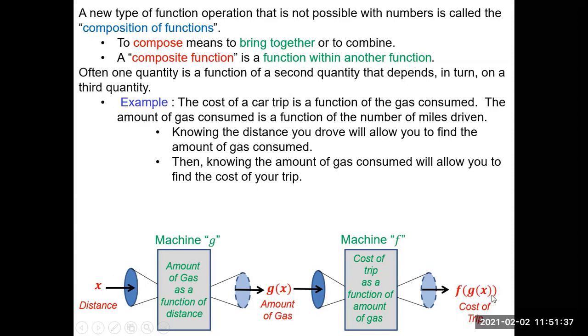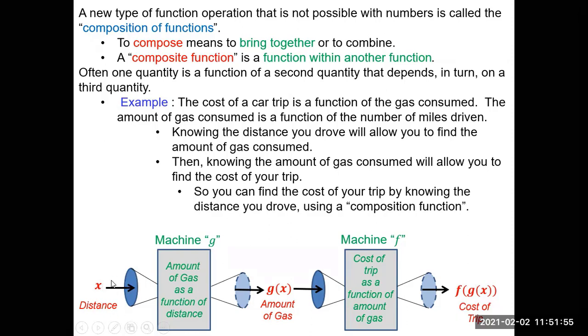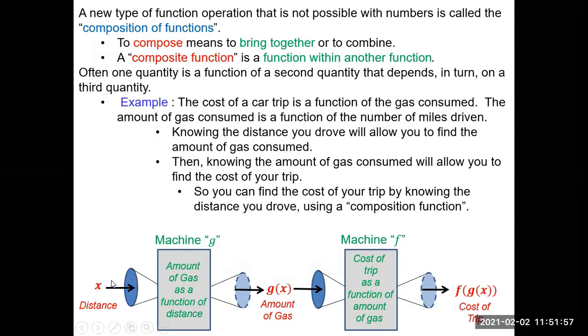This is an application that indicates why we would care about a composition function. It's basically saying, how could I take a function and plug it into another function? So I can now find the cost of my trip directly simply by knowing the distance that I'm going to travel. This is called a composition function.